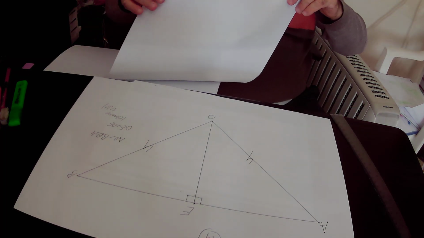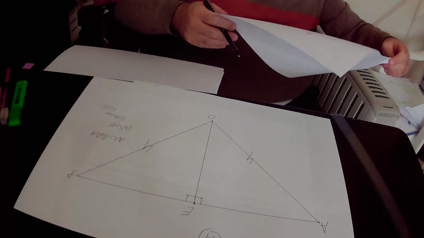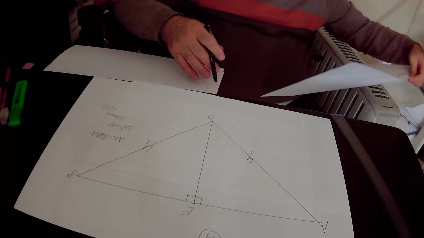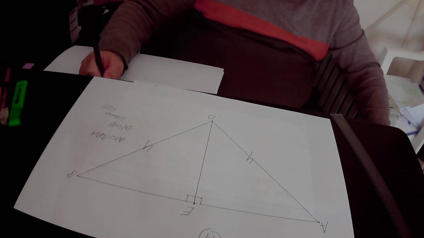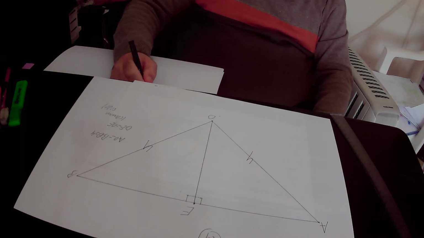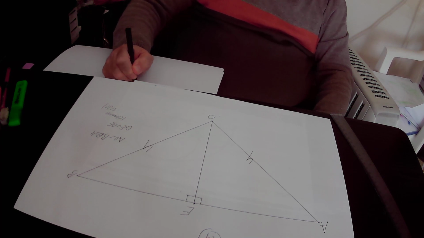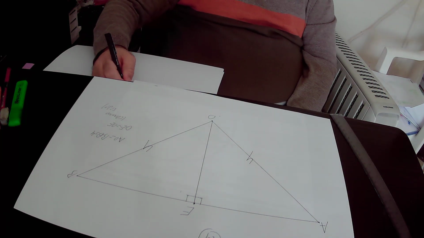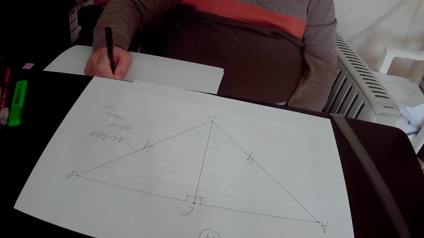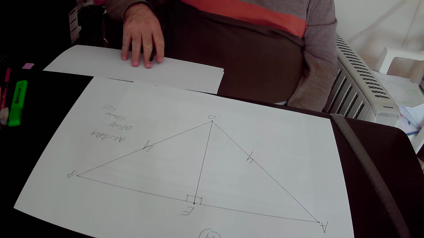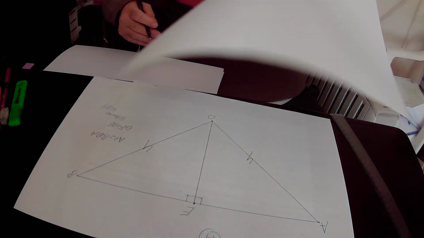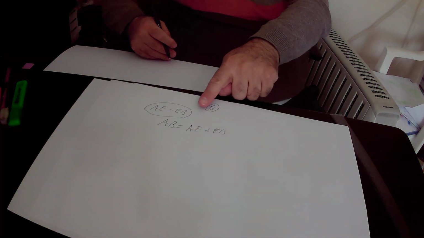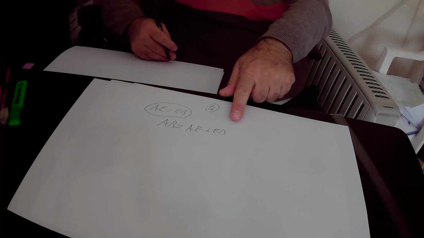And what is the value of AB? From the drawing you can see that AB equals AE plus EB. I will repeat again. You can see from the drawing that AB equals AE plus EB.